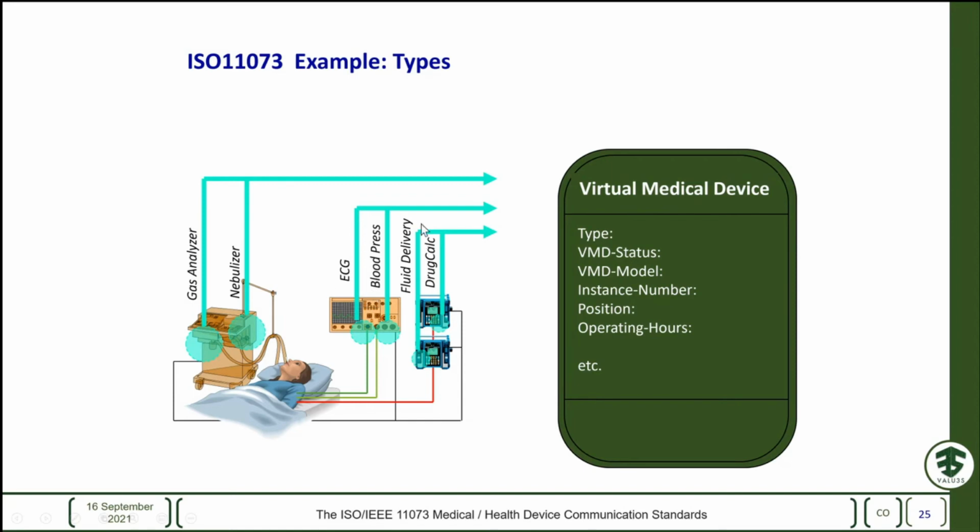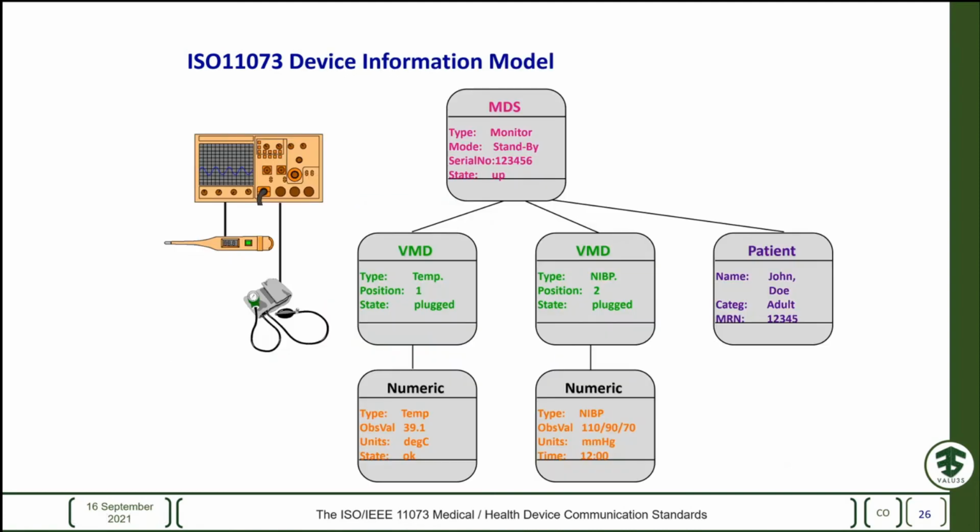For every particular medical device, there is a virtual medical device that contains specific information that is logged into the manager. And for the monitor, that is the agent, we have the medical device system, and we have a different box correlated with a specific parameter.